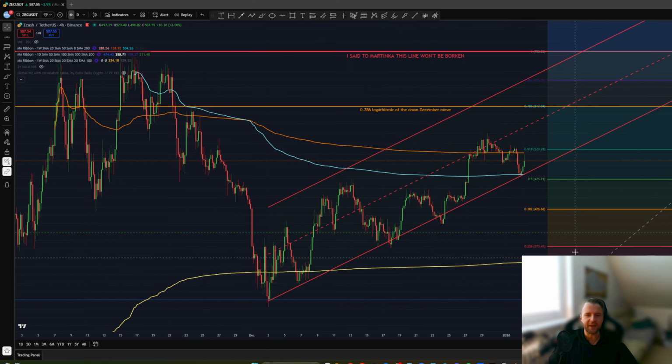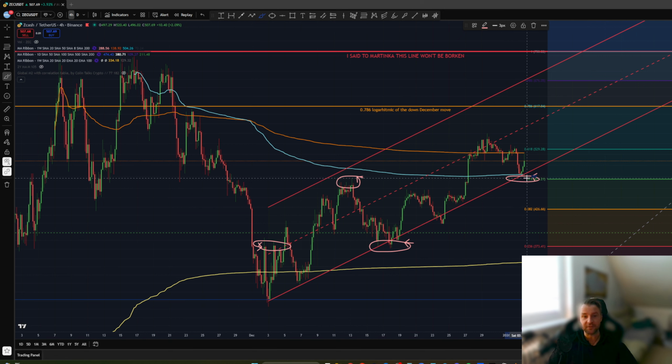When you look at these fib measurements, you can see that this first red line had a perfect reaction here, and also here. This orange line, no, but this green line, a beyond perfect touch here. And I think that right now we are going to go to the green line as well.